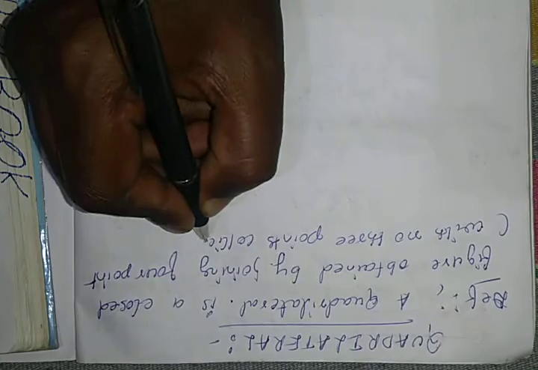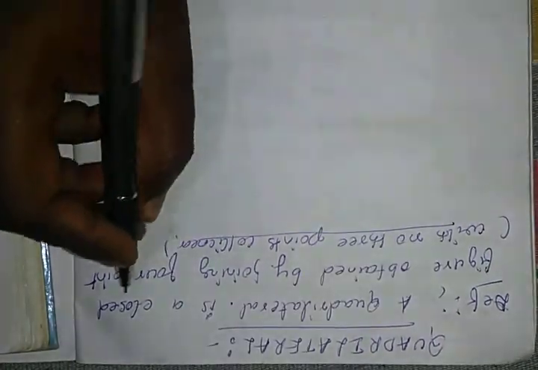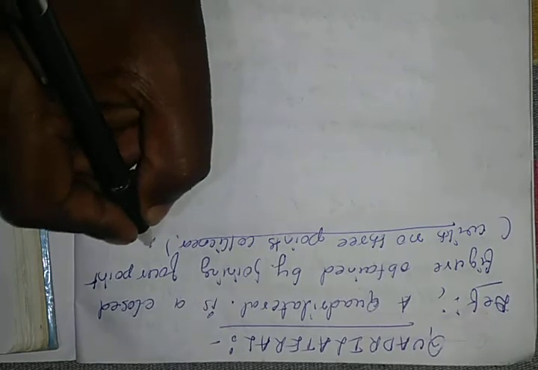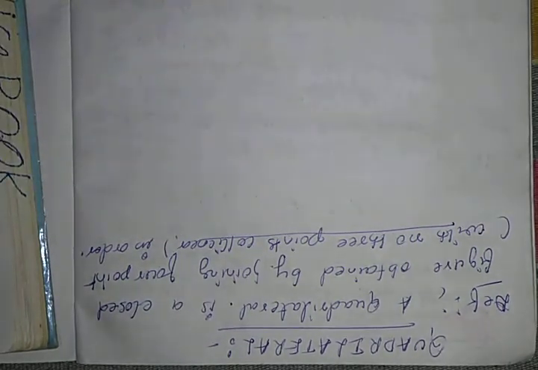Very important: no 3 points collinear, in order. So this is the definition of a quadrilateral.